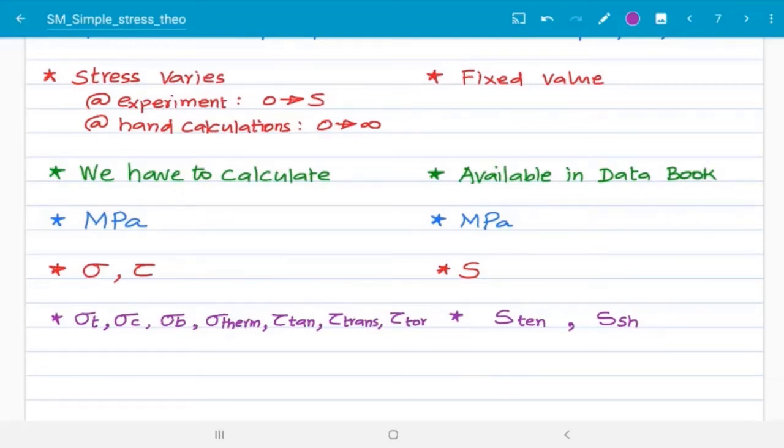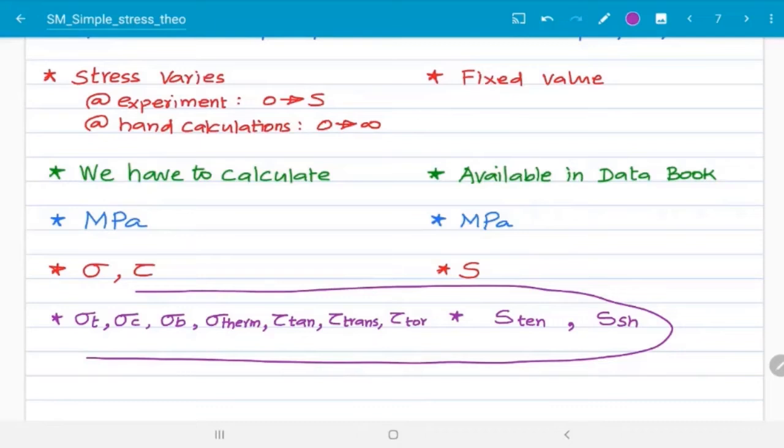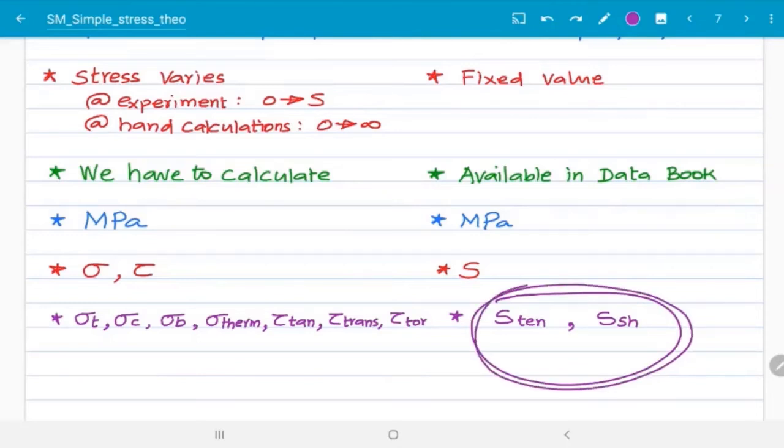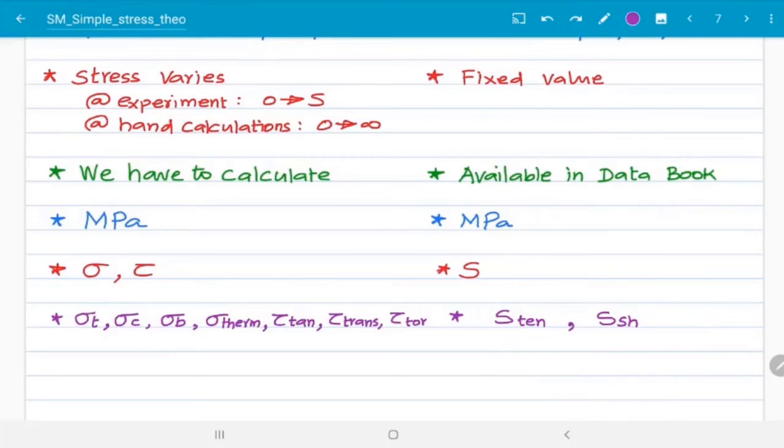This is very, very important information: which stress should be compared with which strength? Ultimate question. For that, first we have to decide which strength should be used for comparison; that we will discuss after 10 minutes.